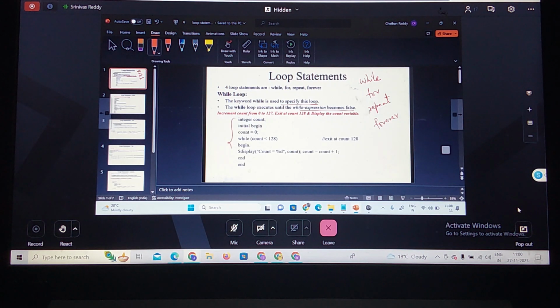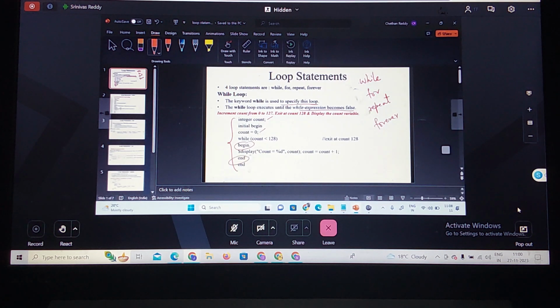You can see what this program is for. So we are declaring an integer as count. Then initial count is equal to what? 0. Then while, what is the condition we are writing? Count is less than 128. Then we are grouping with what? Begin and end. What is the use of this begin and end in the while loop? For a while loop, we should group with begin and end.